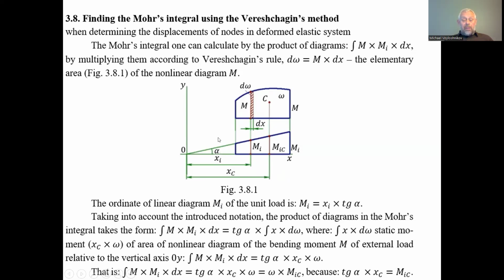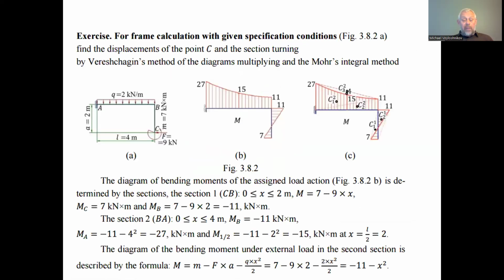Okay, so let's use this rule of Vereshchagin to determine the product of the diagrams and the displacements of the points of the mechanical system. So it is assigned a mechanical system about the same as it used to be in article 3.7, but this is in 3.8.